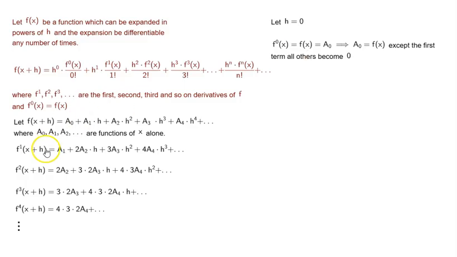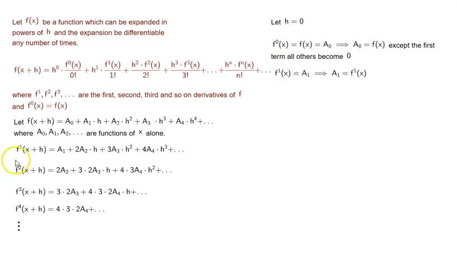So f of x, here all the terms have h except a0. And since we have said h equal to 0, all the terms disappear except a0. So f of x equal to a0, which implies a0 is equal to f of x.